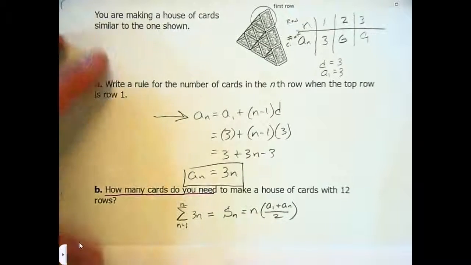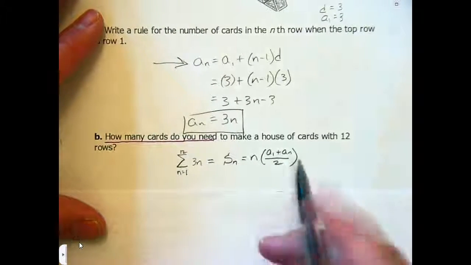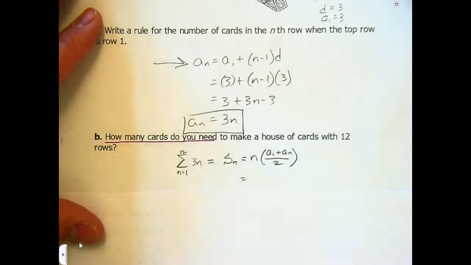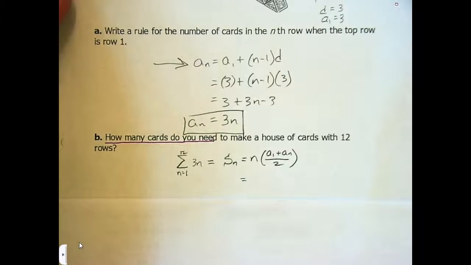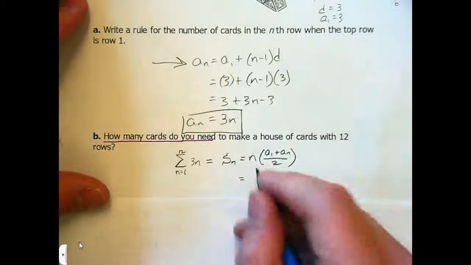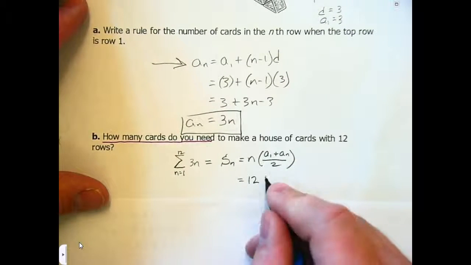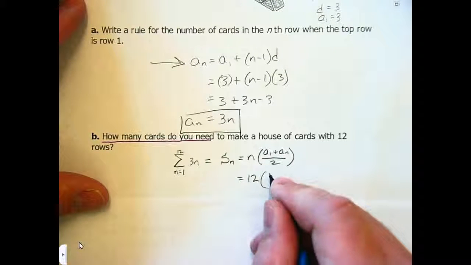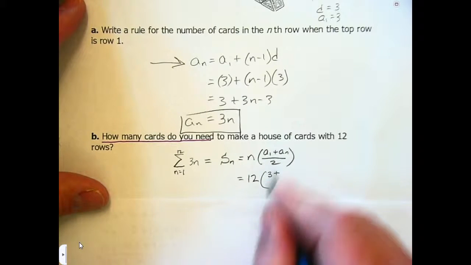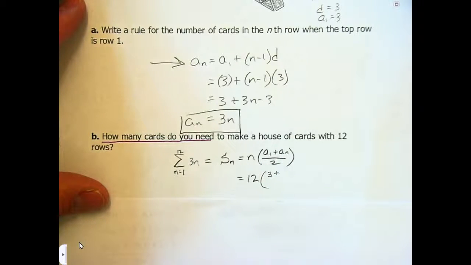So we need to know what n is. So in this case, what is n? Yeah, it's 12. And we need to know what a sub 1 is. 3. And then we need to know what a sub n would equal. So what would a sub 12 be?